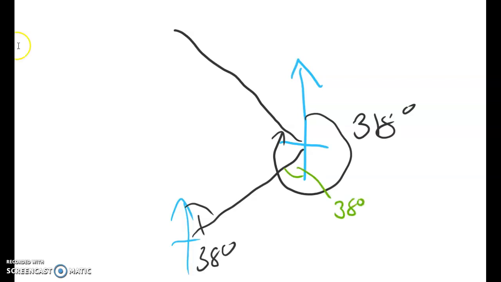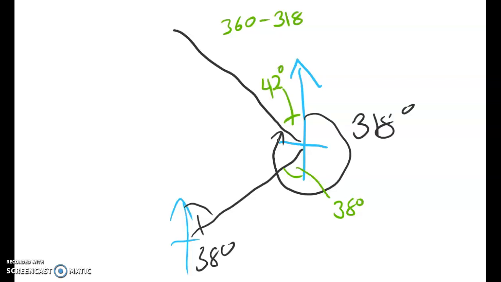We know that this is 318 degrees. So if we subtract that from 360, we'll get this value in here. And 360 minus 318, that's 42 degrees. Okay.